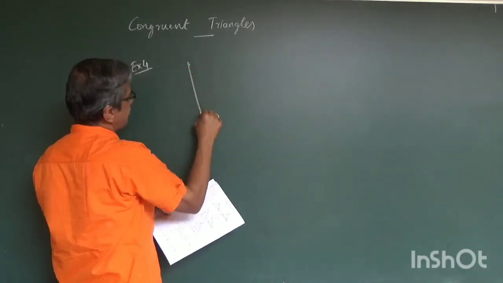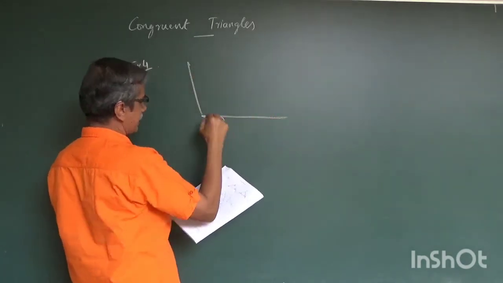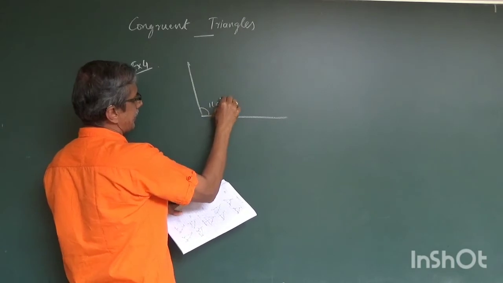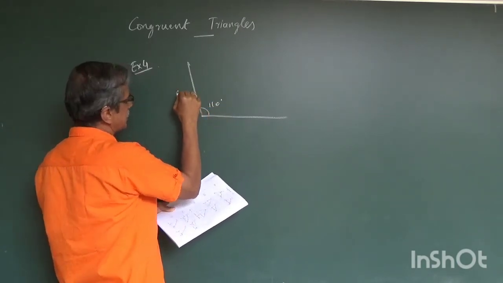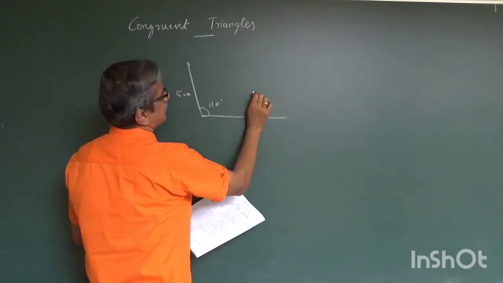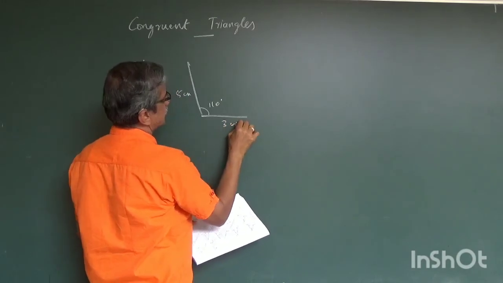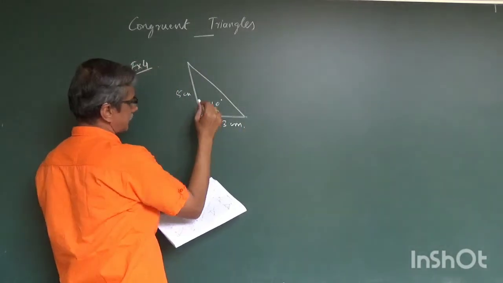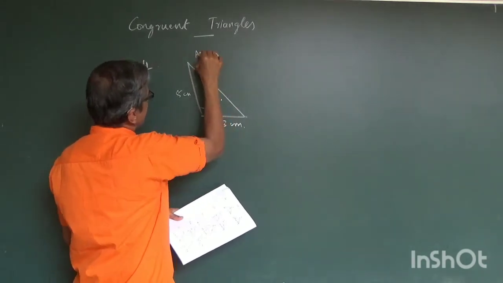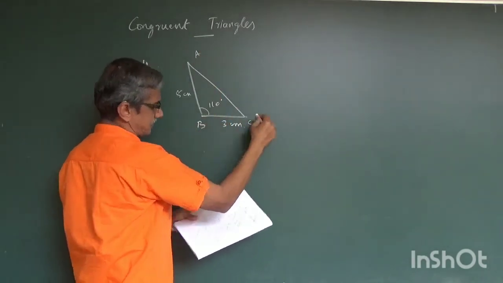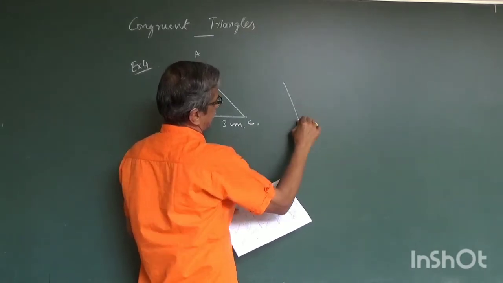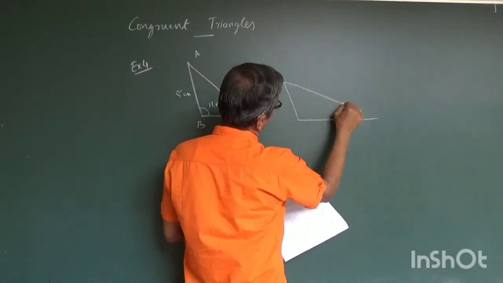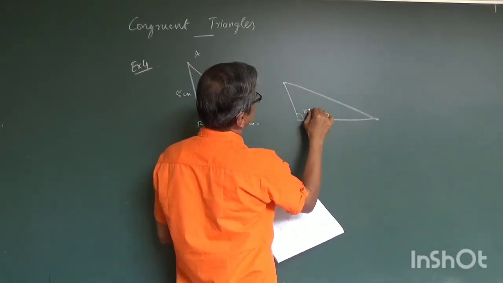Next example, it's an obtuse triangle, and this is 110 degrees, and this is 5 centimeter, and this is 3 centimeter. Sometimes the measurements are given. Now again, orientation is different.